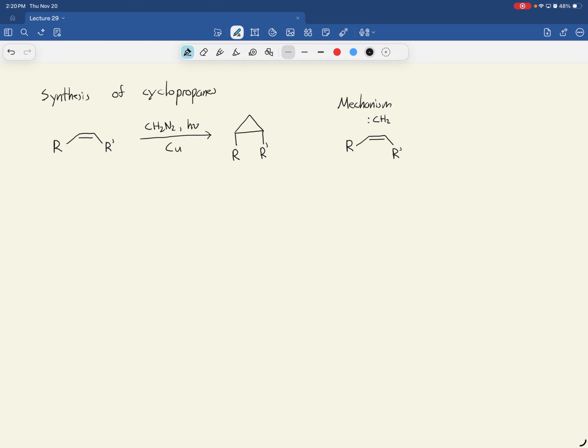So your carbene can attack the alkene, and the alkene can donate its electrons into the empty p orbital, and that's how the other bond forms, okay? So this bond will enter here, and then this will go to this carbon, and then you will get your cyclopropane. R prime. So that's how we form the cyclopropane.